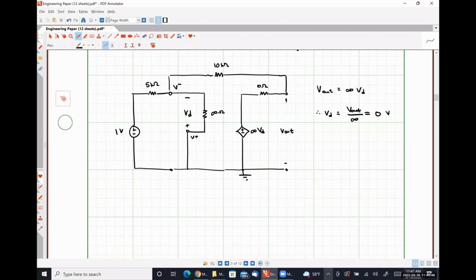This is where our voltage constraint equation comes from. Our differential voltage must be 0 volts in an ideal op-amp, which means the voltage here V plus and the voltage here V minus must be the same voltage. So this is where one of our ideal op-amp rules comes from.